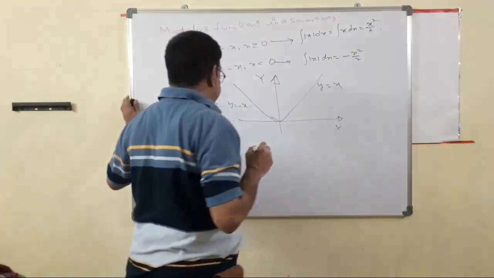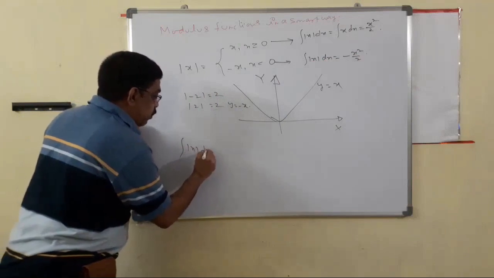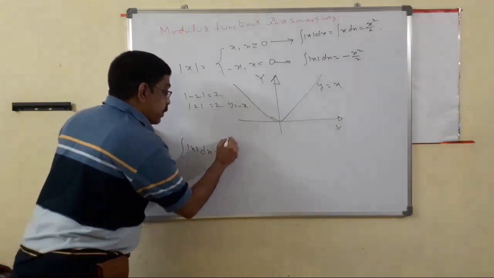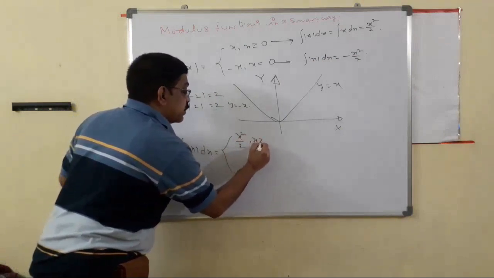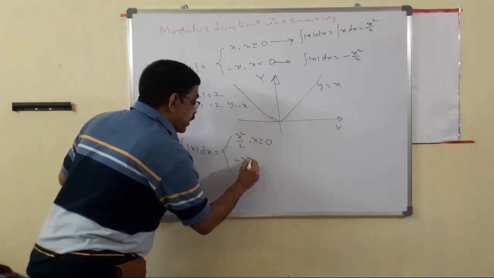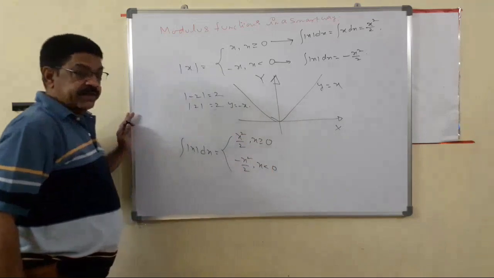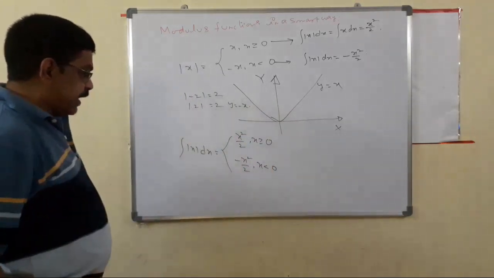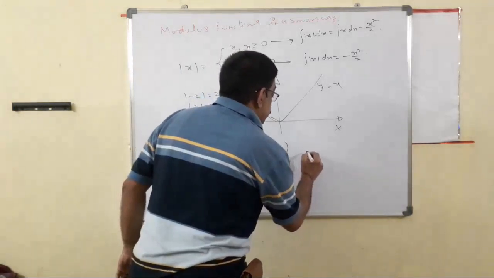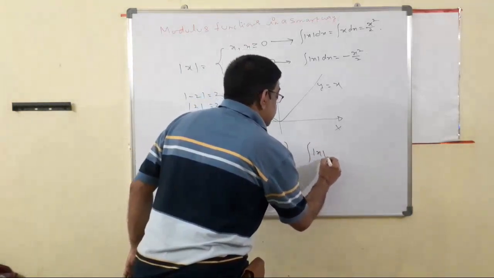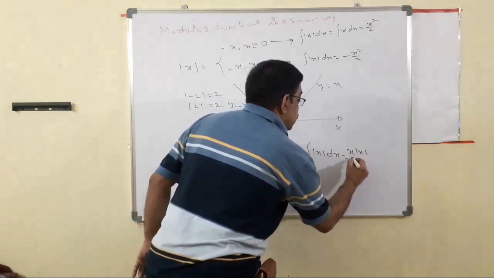And for the lower branch, I get integral of mod x dx equals minus x square upon 2. And if you notice it, I got two formulas for integral mod x dx, which equals x square by 2 for x greater than or equal to 0 and minus x square by 2 for x less than 0. And these two branches can be elegantly combined into one formula, and that is integral of mod x dx equals x into mod x upon 2.